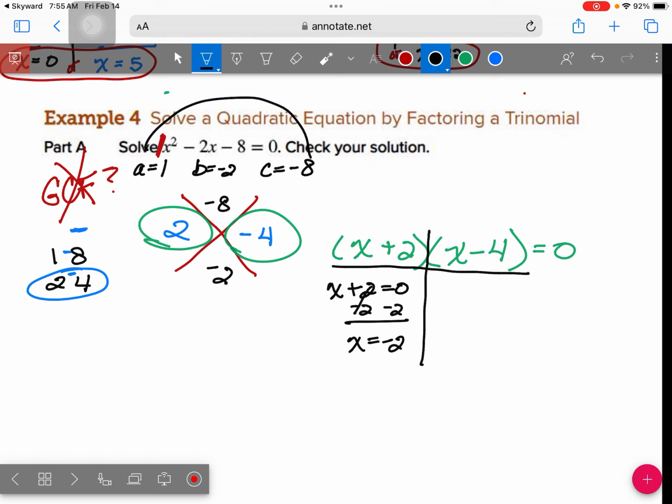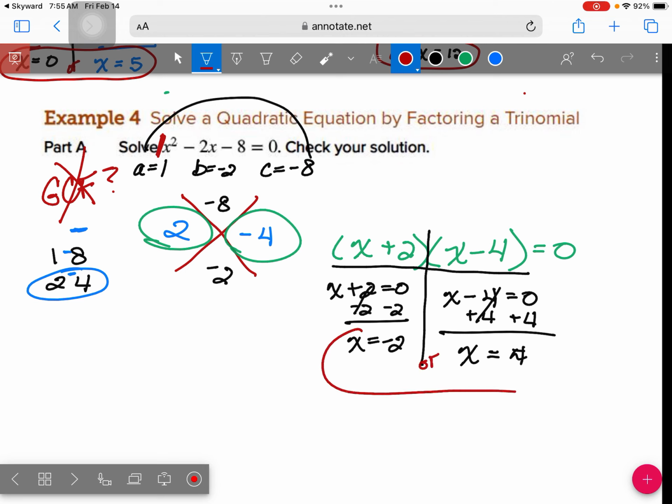Charles, come on. X minus 4 equals 0. Add 4. So this factor is going to be 0 when x is equal to 4. Because if I substitute it in, that gives me 0. So final answer, x is equal to -2 or x is equal to 4.